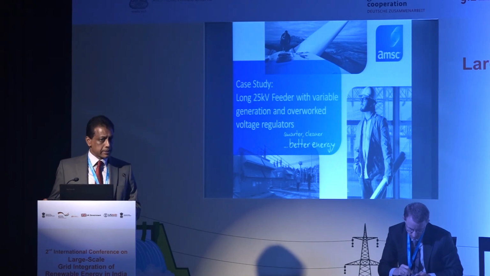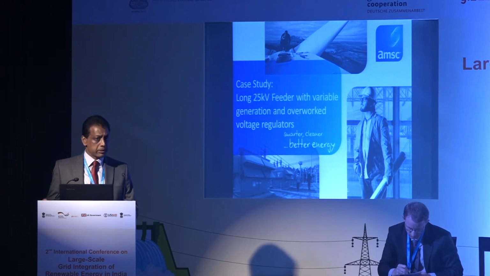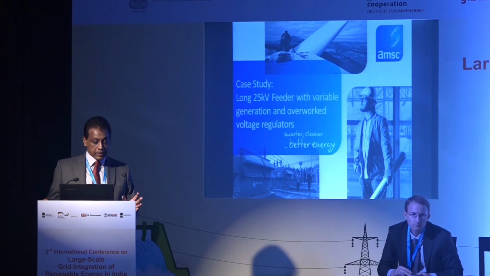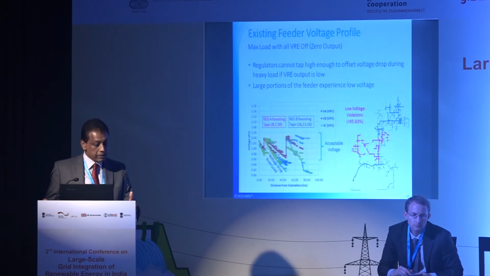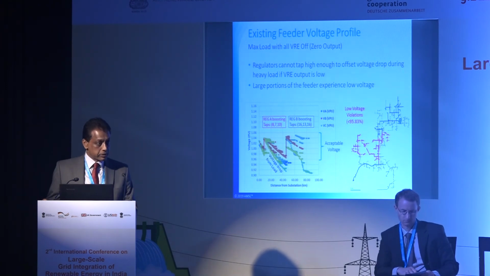I'll show you a quick case study. The paper that we have written on this goes through a couple of case studies and details on the technology as well. This is a 25 kV feeder with generation and load, as well as voltage regulators. At high generation with low load, or at heavy load situations, as you can see in the case study, you want to maintain the voltage within a nice 0.95 to 1.05 range all along the feeder, but it's not possible in these situations.